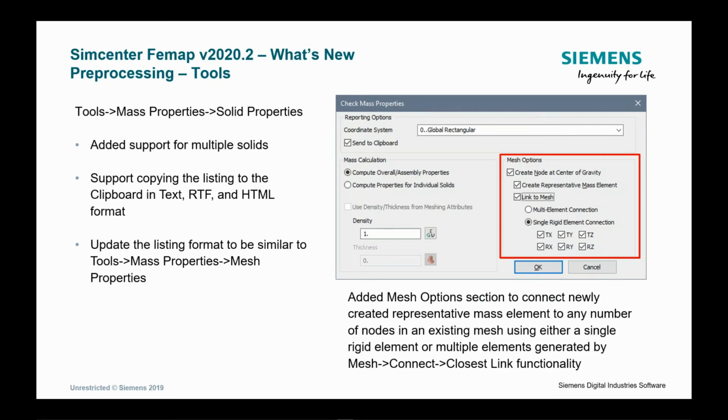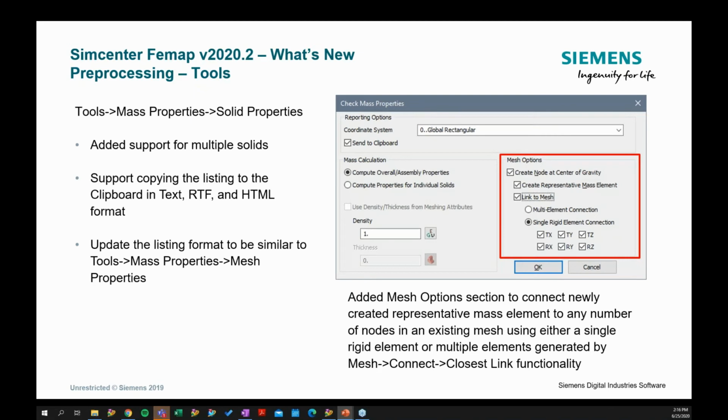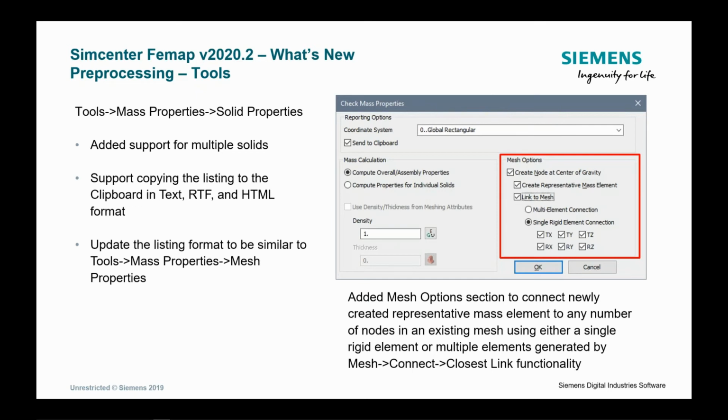So these are the new options in the red box. You can create a node at the center of gravity of the solid. It'll create a representative mass element, and then it'll link it to your mesh with a rigid or multi-element connection. So for example, if you have a bunch of valves, pumps, avionics, or systems components that you don't really want to structurally model, you can replace these fairly easily with a mass element and a rigid.